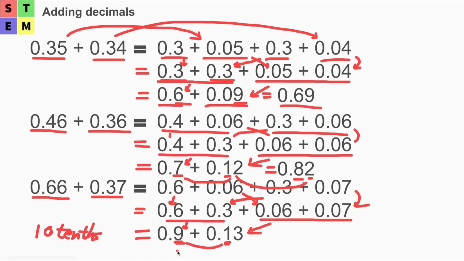Okay, so we have here 10 tenths from this, right? 10 tenths from 0.9 plus 0.1, right? So that means we have 1. Okay, we have 1 there, and 0 tenths remained, right? And there is the 300s there.